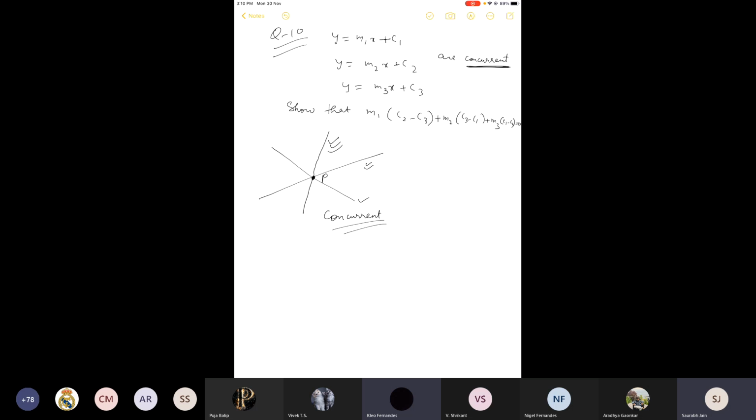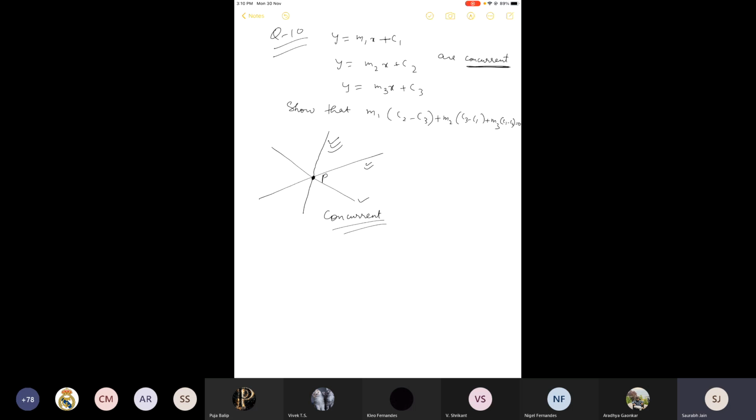Okay, so we were discussing how we will be using this information mathematically. What we will do is solve any two of the equations, because these are linear equations in two variables. When we solve any two equations, we will get their point of intersection, that means the values of x and y in terms of the coefficients.